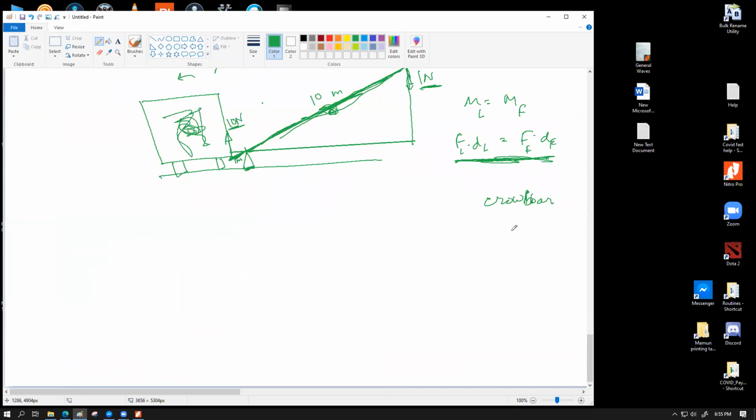Don't worry. The thing for crowbar is, let me draw the crowbar with maybe ash color. Let's say this is a wooden block, a wooden surface where there is a nail. This is a nail that is stuck in the wooden block. We want to get this out, so we need to apply some upward force on this one. A crowbar, let's say drawn with brown because I'm trying to differentiate, would be placed over here in this alignment.